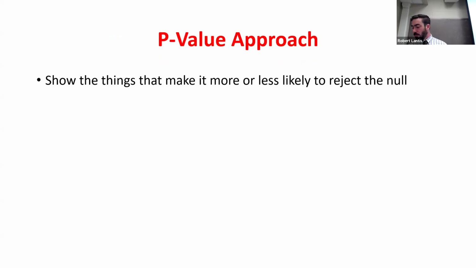At this point, I do want to show you some things that make it more or less likely to reject, and this will really apply to linear regression as well, and a lot of what we do this semester. So let's say I've got some assumed true mean for a test score, and I tell you the average exam score in this class is a 75. I take a sample of maybe 25 of you. I know the central limit theorem is not quite met, but it makes the math make the points right here, so ride with me for a second.